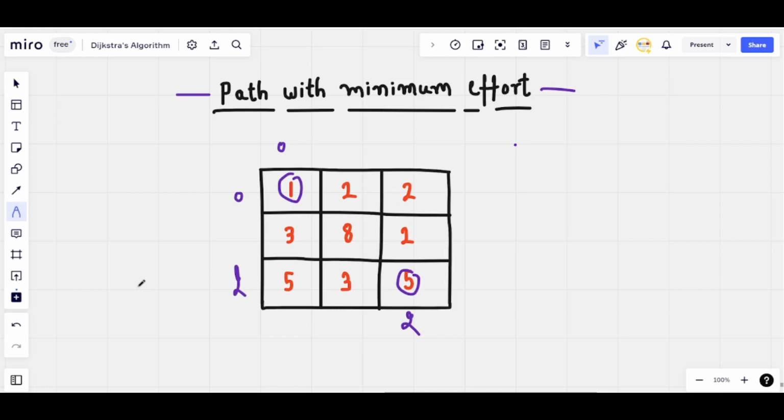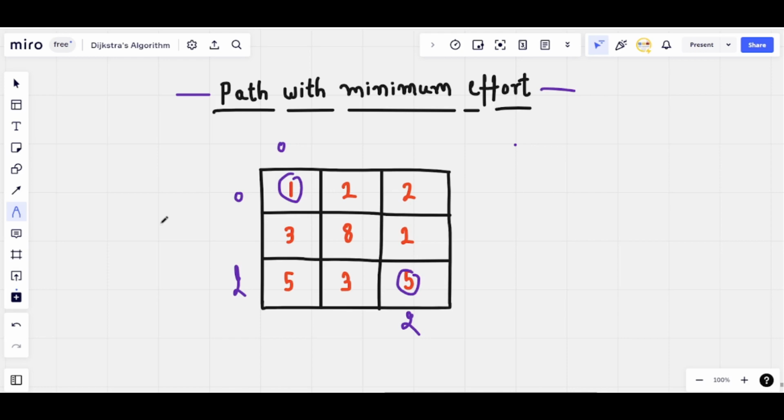What is the relaxation condition? All of these are variations of the Dijkstra algorithm. The tweak that we do in the Dijkstra algorithm is basically to change the condition for the relaxation. Like in this case, the relaxation will be performed on the basis of the adjacent difference of the heights of the given path.